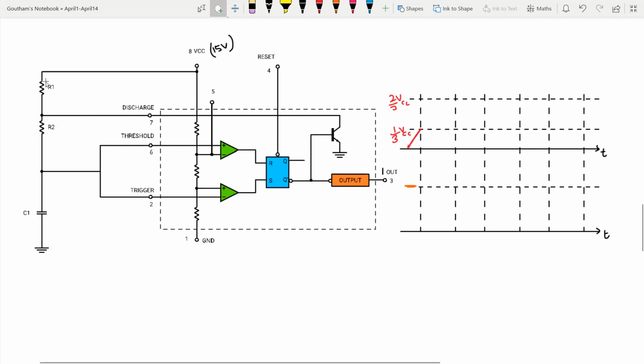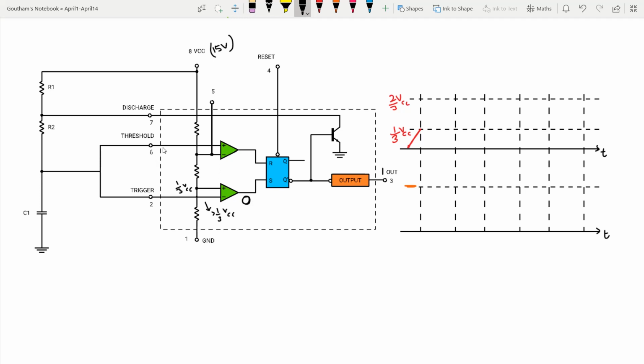Now the voltage across the capacitor is 1/3 VCC. So what would happen? Let us say it is a bit above 1/3 VCC. So this Vn is a bit greater than 1/3 VCC, whereas this Vp is always at 1/3 VCC. That is nothing but here Vp is less than Vn, so the trigger comparator's output is 0.